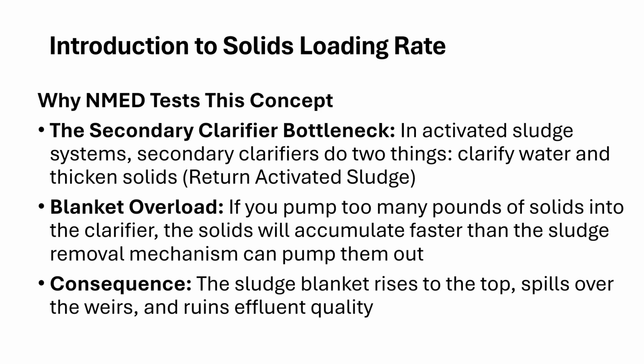So what'll happen is if we get a blanket overload, the sludge blanket goes to the top, spills over the weirs, and you're eventually going to discharge solids, and that is a big no-no. The EPA will come at you quickly, harshly, and you might want to update your resume if you're in charge of that shift and that happens.